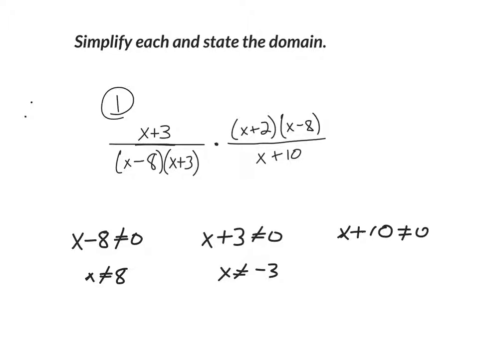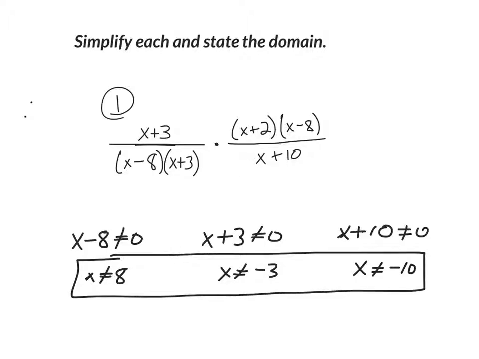And finally I'm going to subtract 10, so x cannot be negative 10. These are my three values for my domain. Those are the three values that x cannot be, because that makes 0 in the denominator, and we end up dividing by 0. So, taking care of the domain.